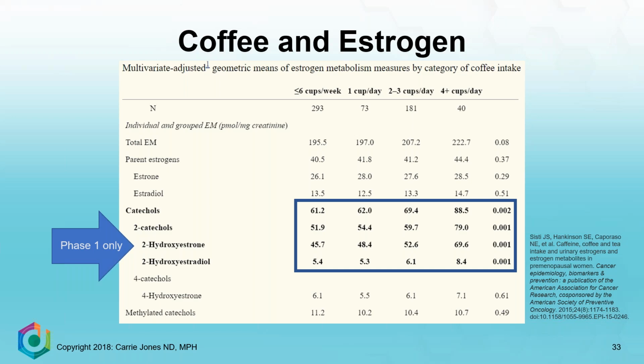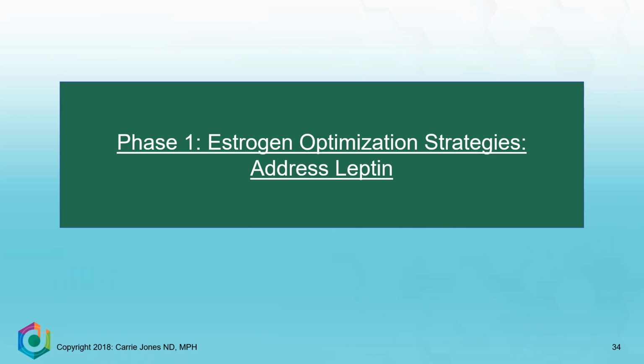You have to be careful with your coffee because of mold and fungus, and it being sprayed, and the kind of coffee you're getting, making sure it's not full of chemicals. Definitely be very cautious and smart about your coffee. But for those of you who are healthy coffee drinkers, rejoice, you are helping your 2-OH pathway, which is the pathway we want to help.